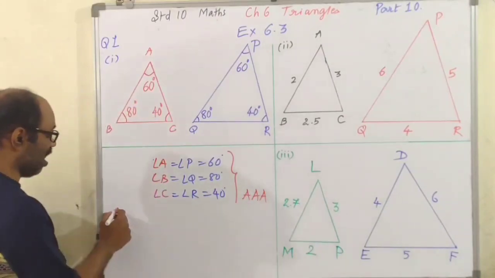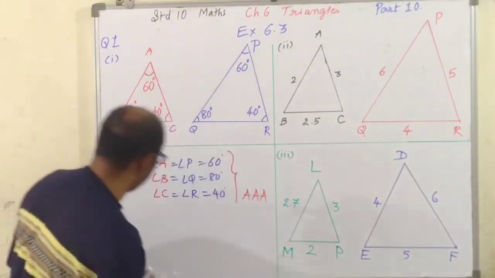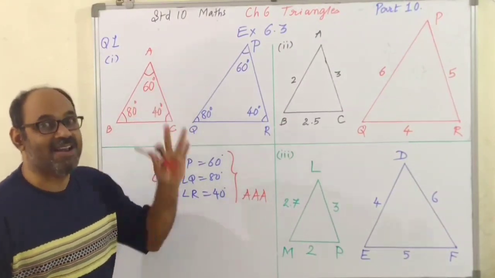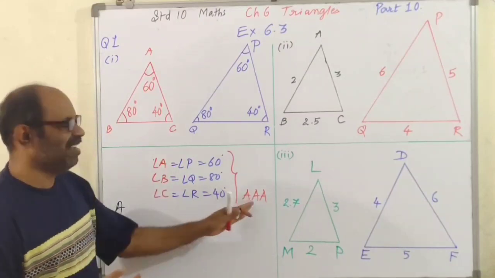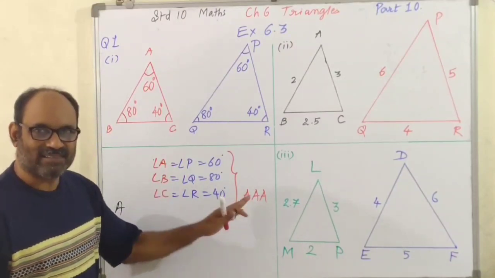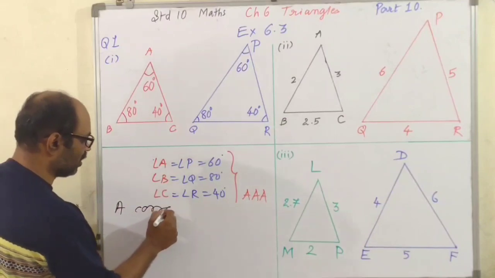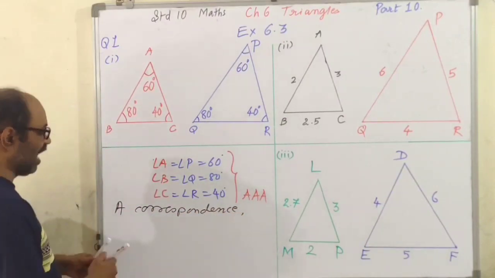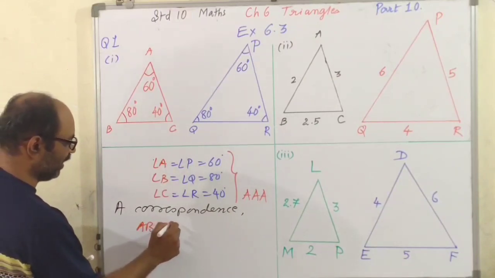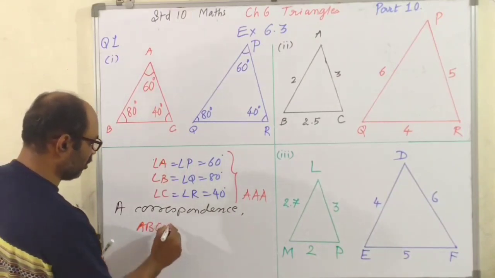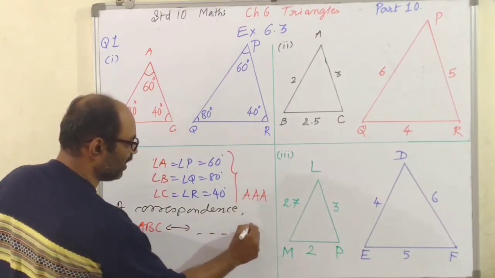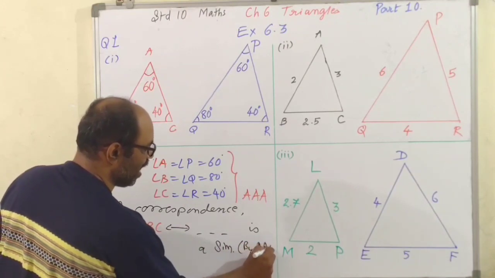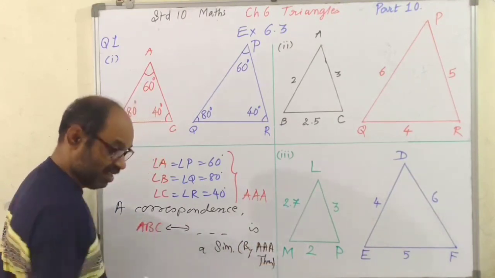Alright? A correspondence. So what do you say about these 2 triangles? Are they similar or not? Yes, they are similar by the AAA theorem, or criterion. A correspondence. Let me write it in red. ABC corresponds to dash dash dash is a similarity by AAA theorem.